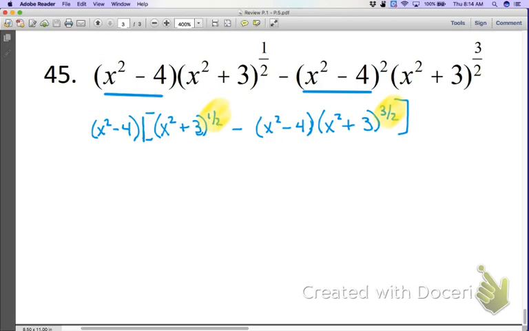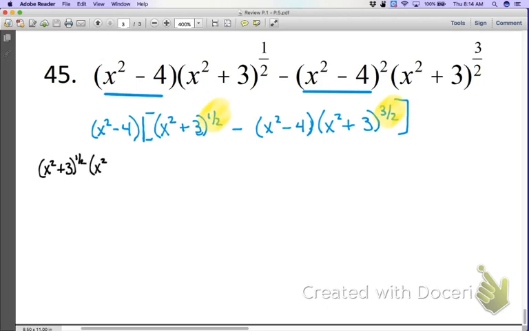What else needs to go on the outside of that? We look at the one that has the lowest what? Exponent? Correct. So, what's the lowest exponent that I have? 1/2. So I'm going to pull out x squared plus 3 to the 1/2 power.